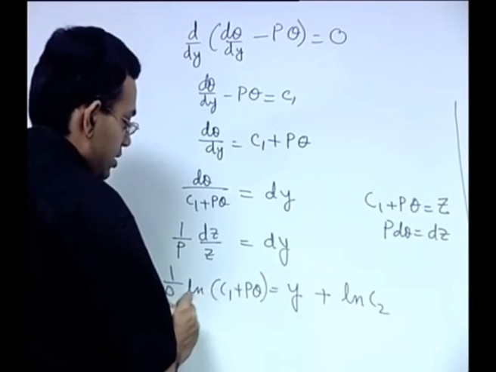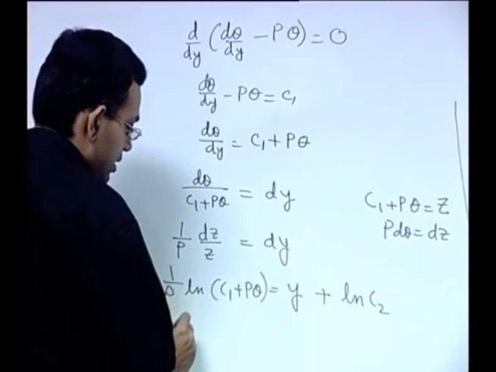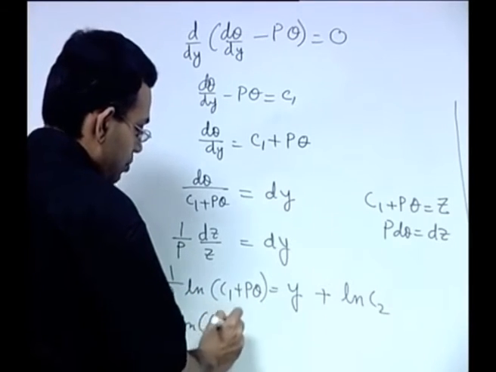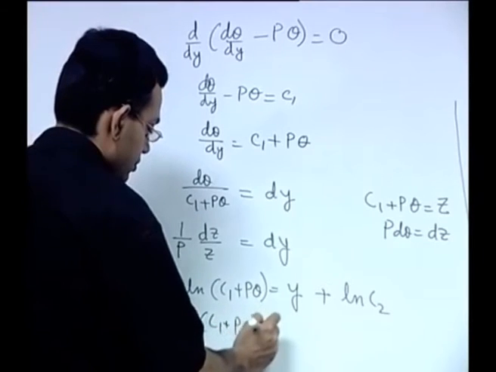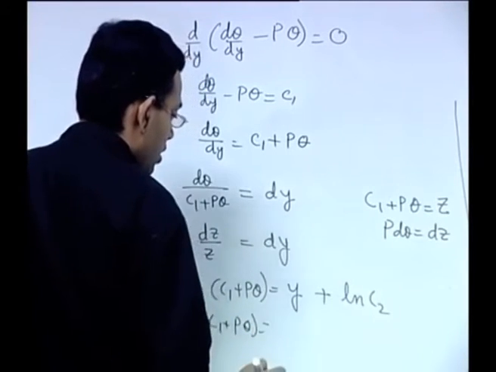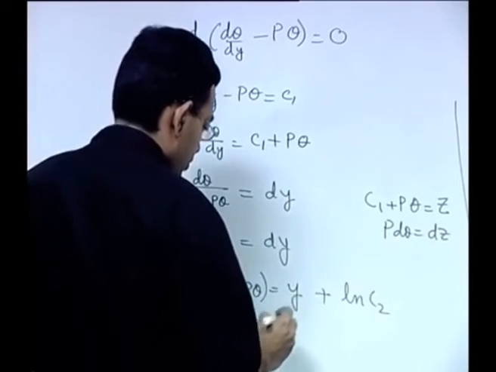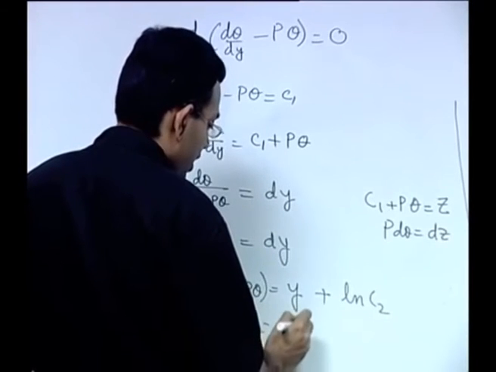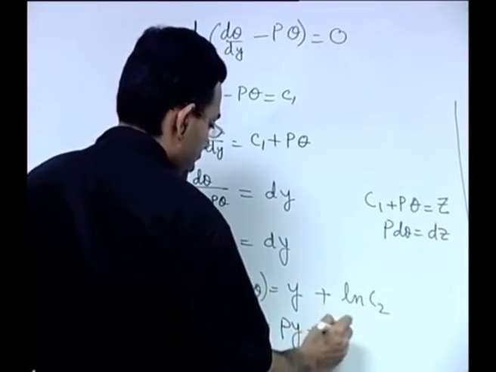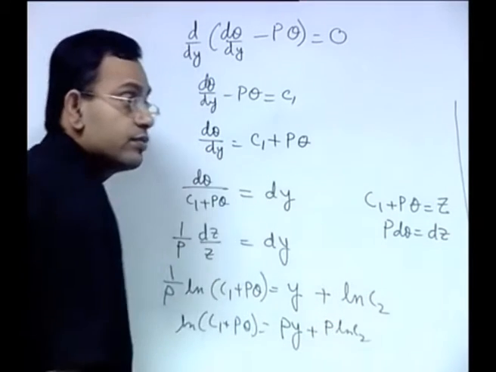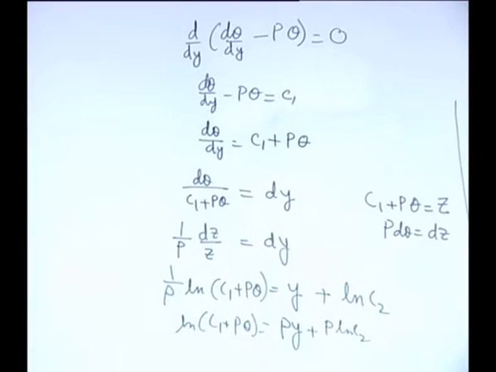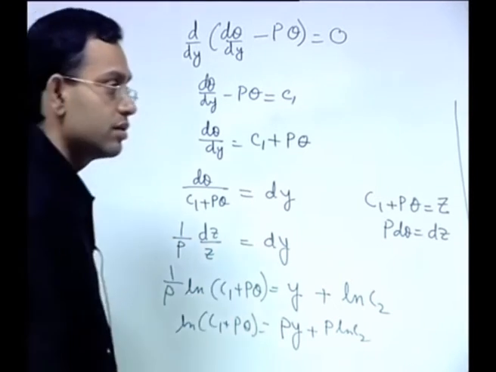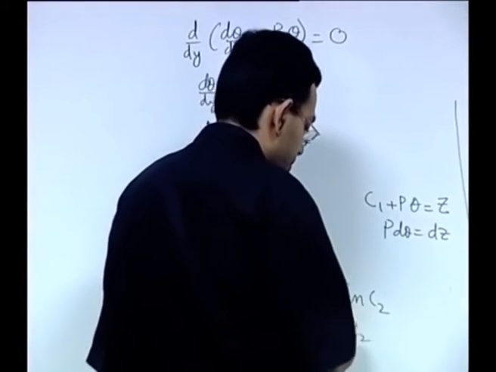You can write this as ln (C1 plus P theta) is equal to Py plus P ln C2. Remember, P is a fixed parameter which is like a constant for this particular problem.